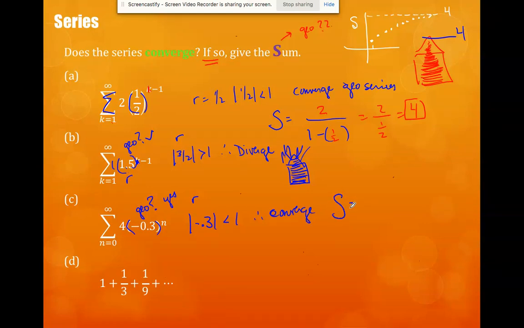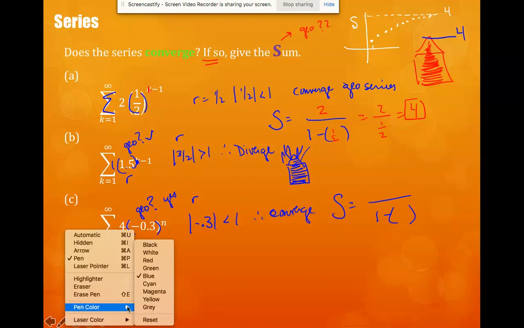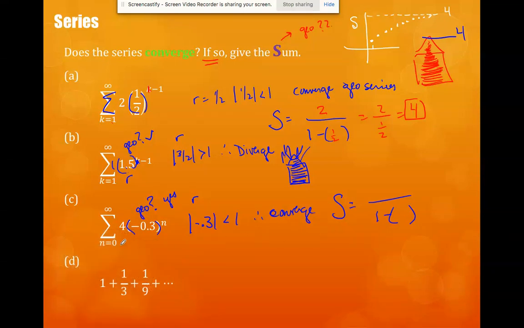And further, the infinite sum, I can actually find out what that upper bound is of the sum. What's my first term? Put in 0 for n. Negative 0.3 to the 0 is 1, so that's 4. Over 1 minus negative 0.3. 1 plus 3/10 is 13/10.